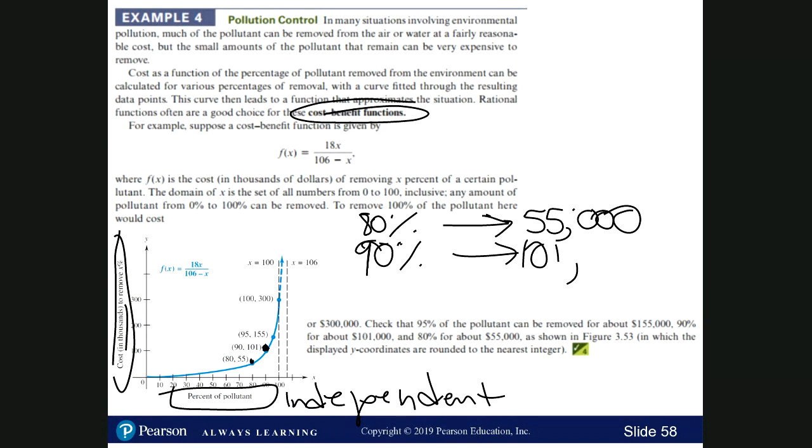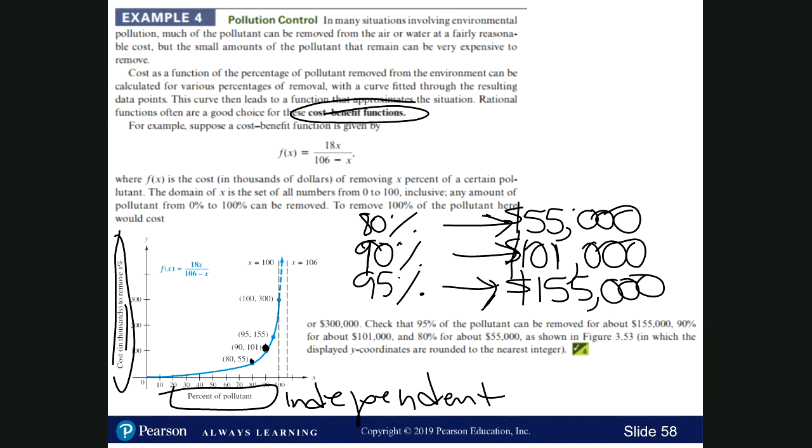So it almost doubles, right? Now if we jump to 95%, that price, and this is in thousands of dollars, remember, is going to jump to $155,000. And that is according to this function right here.